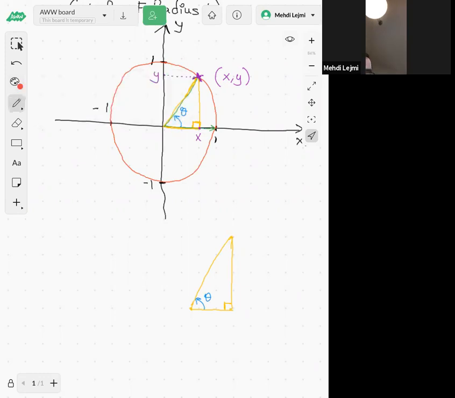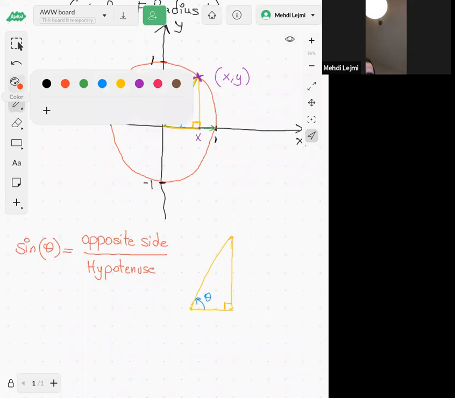So sine of theta would be the opposite side to the angle theta over the hypotenuse. What do I mean by the opposite side of theta? This is my angle theta, and the opposite side would be this one here.